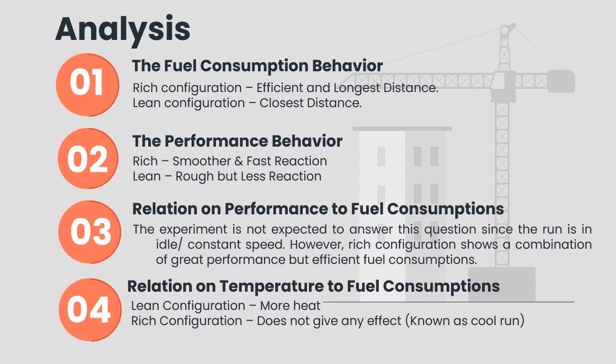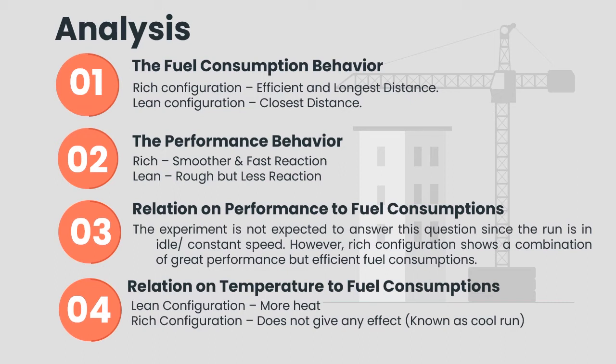But this happened because we did not measure it at a fluctuating velocity where the performance can also be measured. Therefore, further work and research can be conducted for this question. An additional expectation is that the relation between performance and fuel consumption should be proportionally equal, since higher performance of the engine may require more fuel consumption.